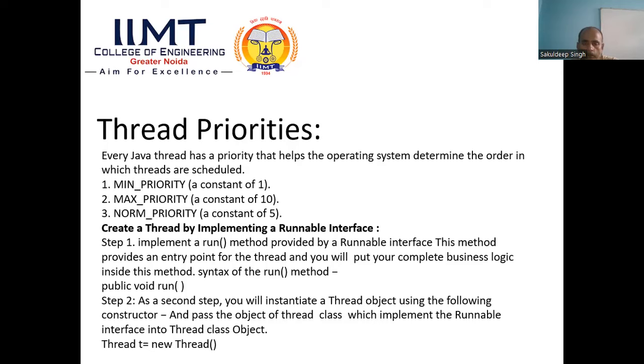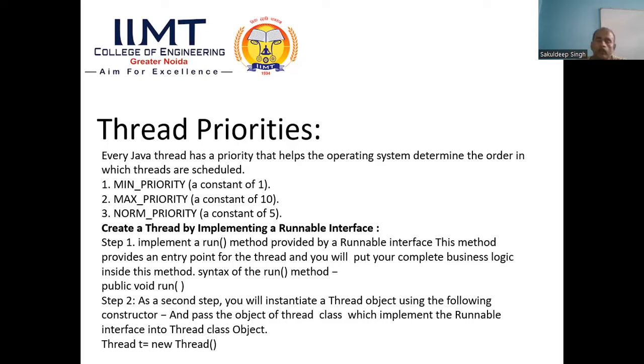Second step. In the second step, you instantiate an object of the Thread class, using a constructor to pass the object of the class which implements the Runnable interface into the Thread class object.